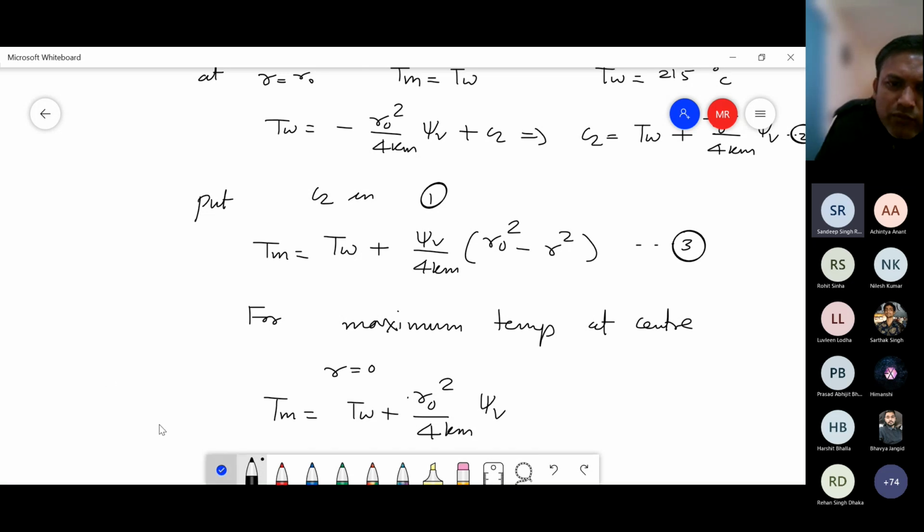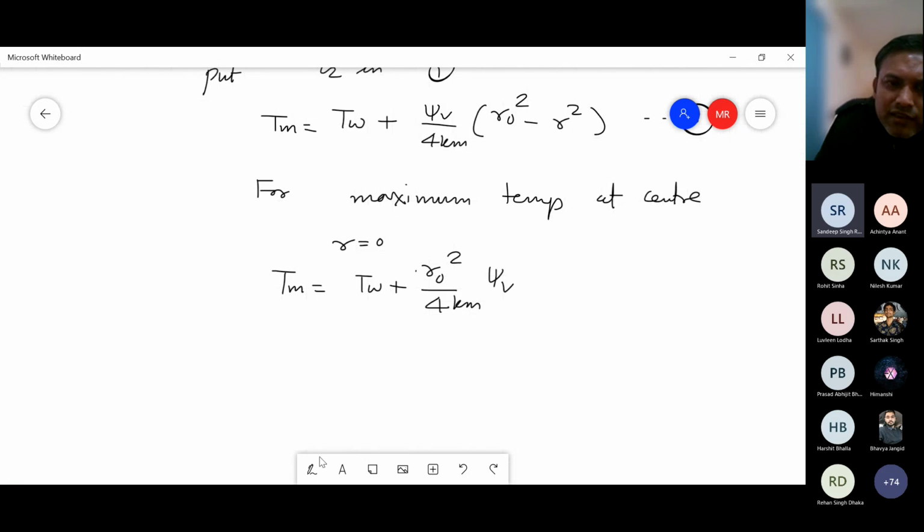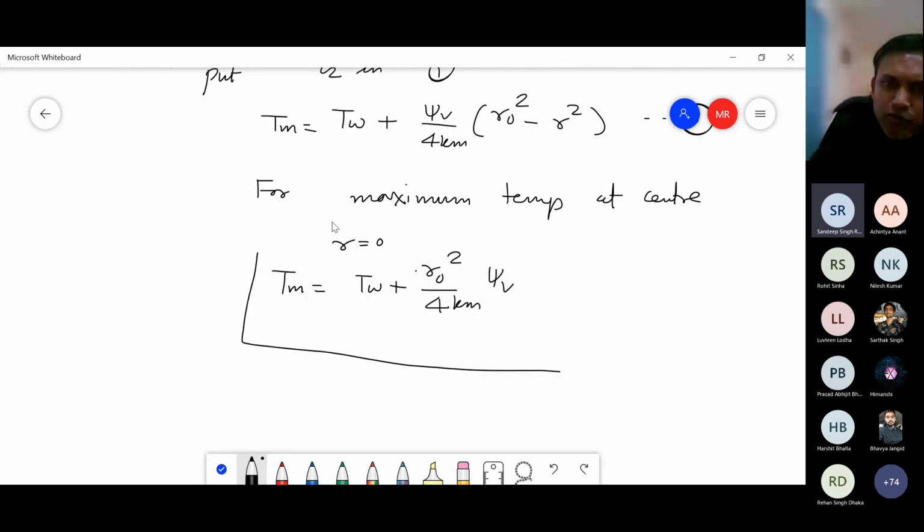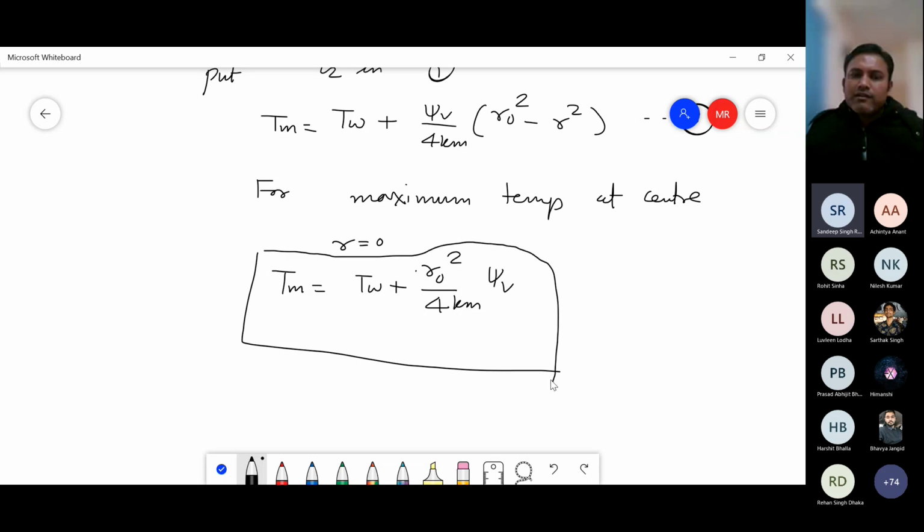This is the equation which we have used for calculating the center temperature, isn't it? Remember, this is the same equation which I have used in the presentation.